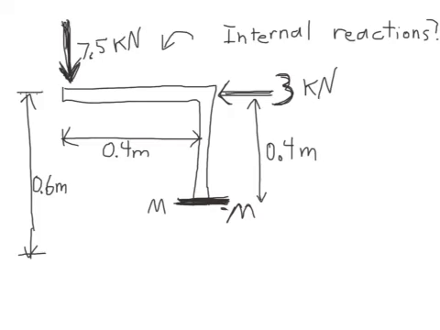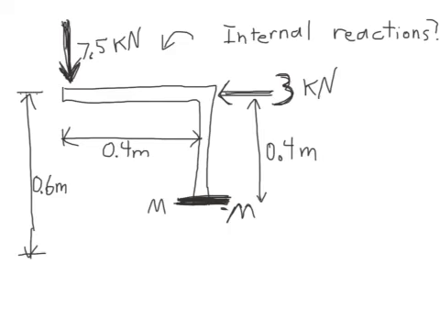When you're doing these kind of problems and you're trying to find the internal reactions at some point in a beam or column or a rod or whatever, you can just look to one side of that point. Here it's point M. So we just look at everything above M, and it doesn't matter what was down here.